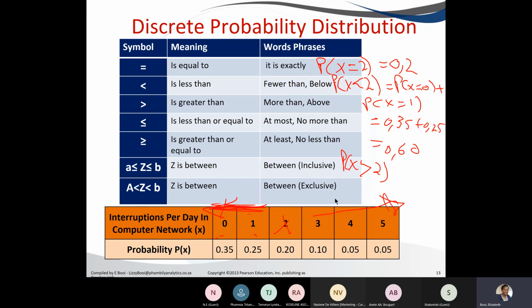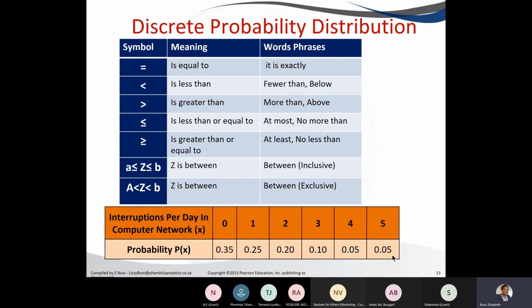What will be the probability that at most 2, let's put it this way. What will be the probability that at most 2 interruptions will happen in a day? That means what will be the probability that x will be less than or equal to 2? It must include 2. So it will be the probability that x is equal to 0 plus the probability that x is equal to 1 plus the probability that x is equal to 2.